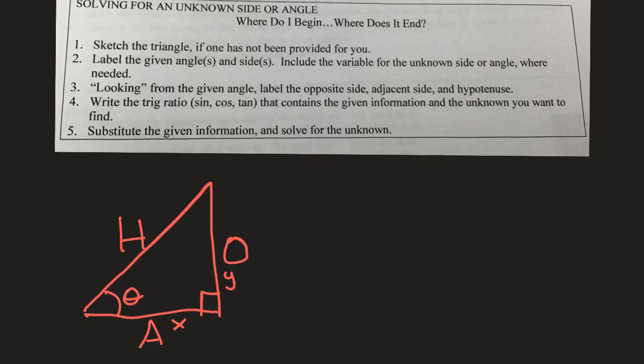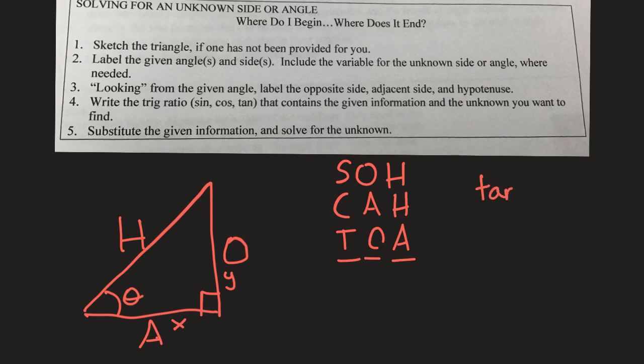By labeling that, we can quickly look at our SOHCAHTOA and know what we need to do. We have our adjacent and our opposite, so looking at SOHCAHTOA, the T is for tangent. So we need to use the tangent of theta.